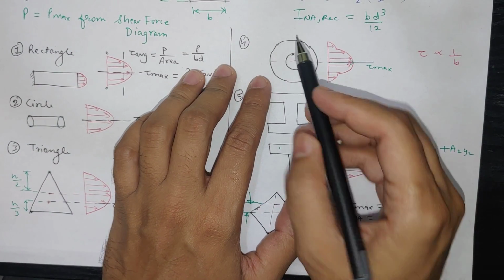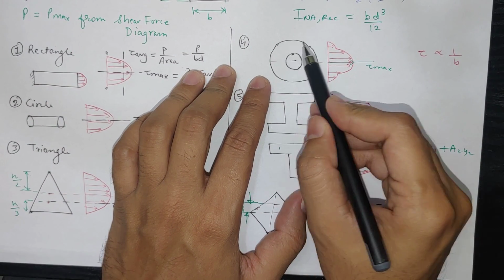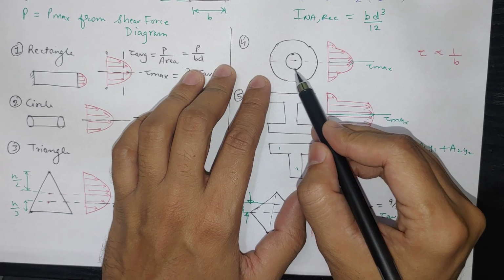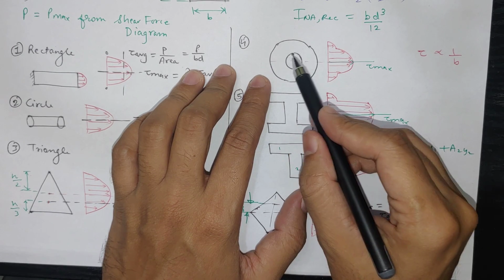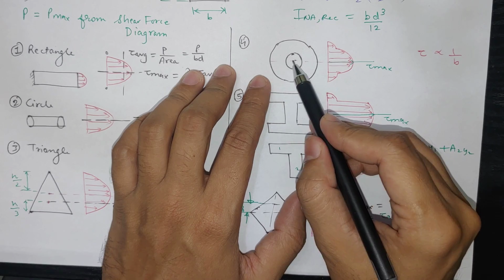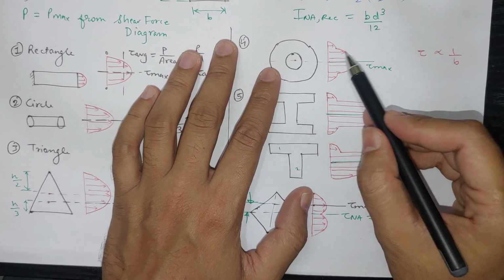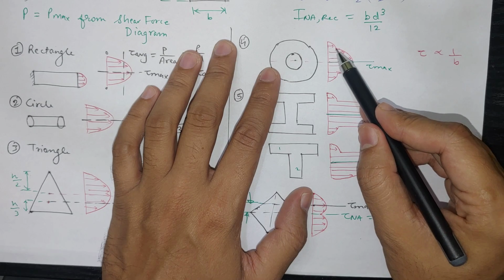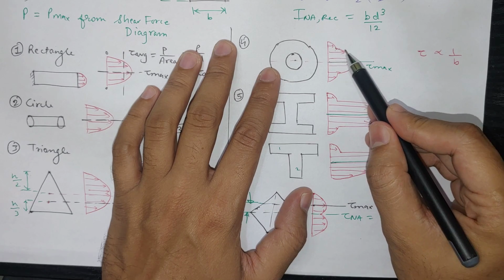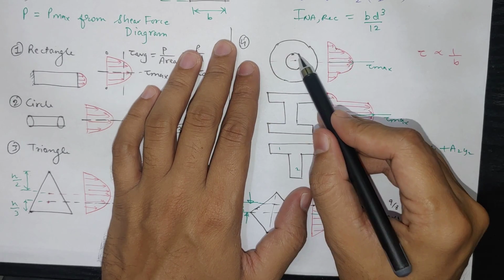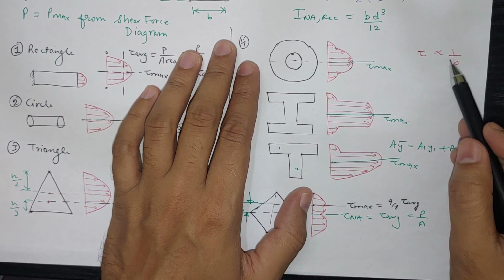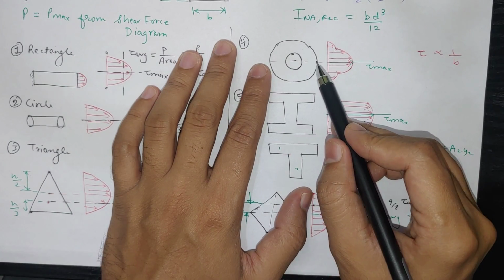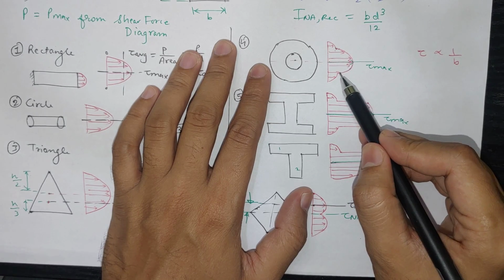Here the width starts to increase, and after a certain point it suddenly drops, so shear stress will increase from here, and at the center point shear stress is maximum, so it will increase at a much faster rate. From here to here there is a particular rate, but after that it will increase at a faster rate, because the width is also decreasing, so shear stress is increasing, and we are moving towards the central line. So both these effects will suddenly increase it.